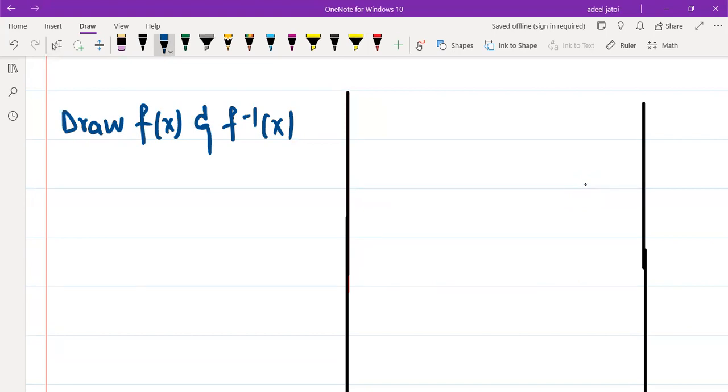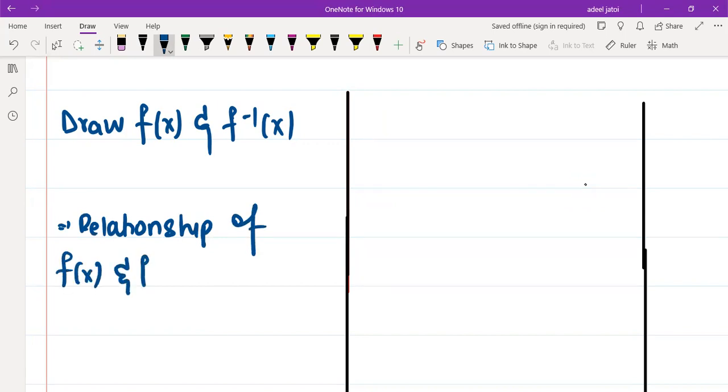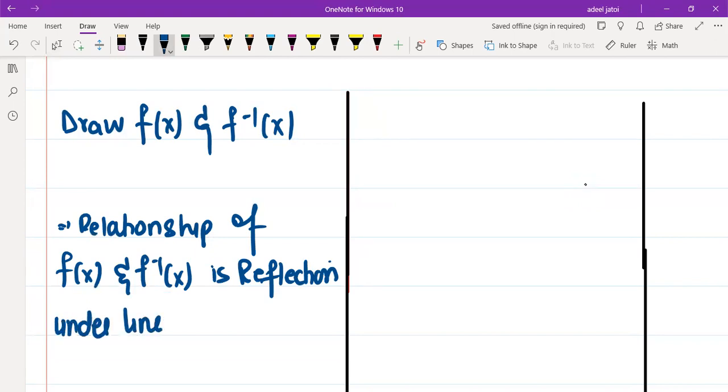First thing first, the relationship of f(x) and f inverse of x is reflection under the line y equals x.